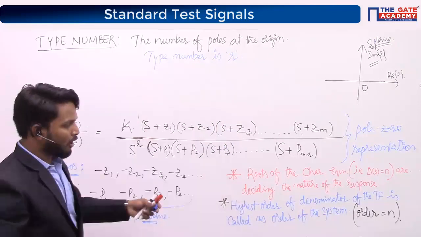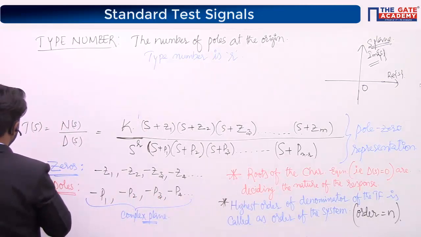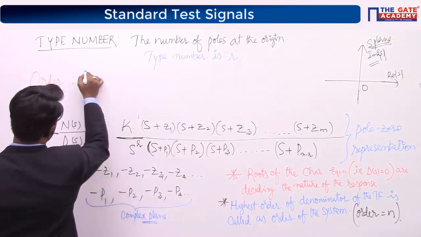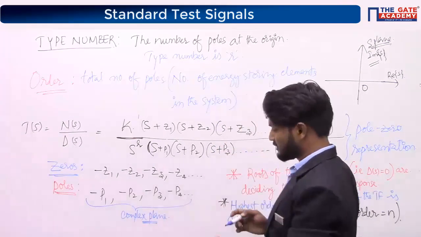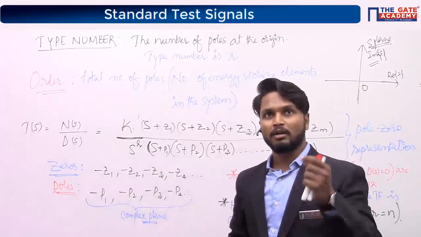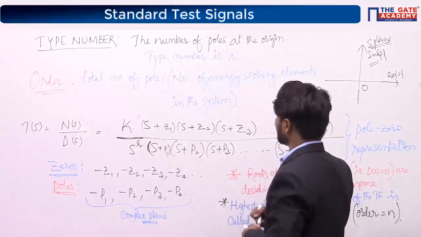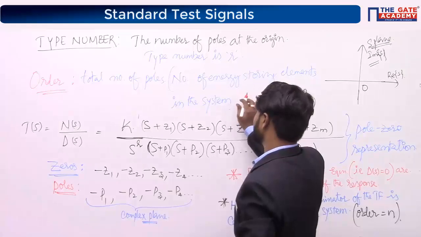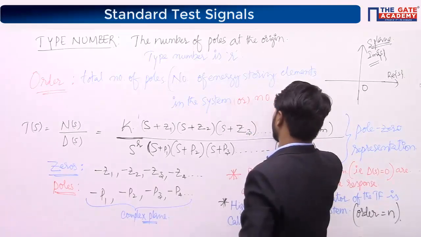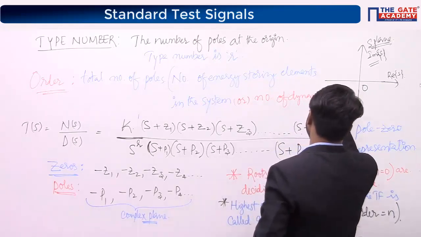The order of the system indicates the total number of poles. Order of the system also indicates the number of energy storing elements in the system. You can also call them the number of dynamic elements.